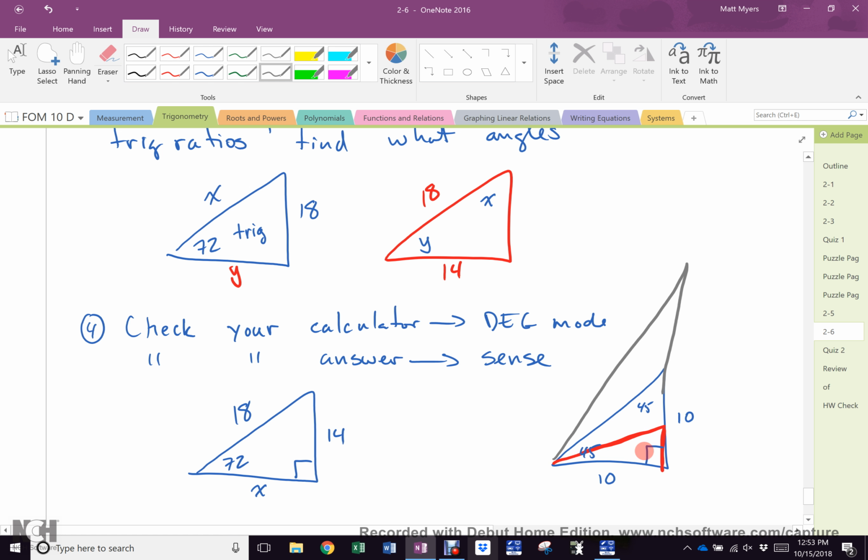Yes. If it is a very large angle, it will not be similar to 10, it will be similar to this side, yes? Before you touch your calculator, have an idea of what your answer is going to be. Do I make myself clear?